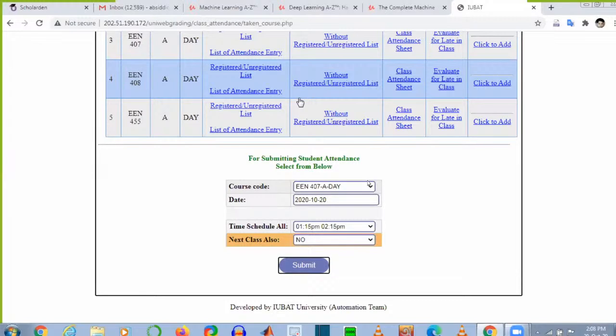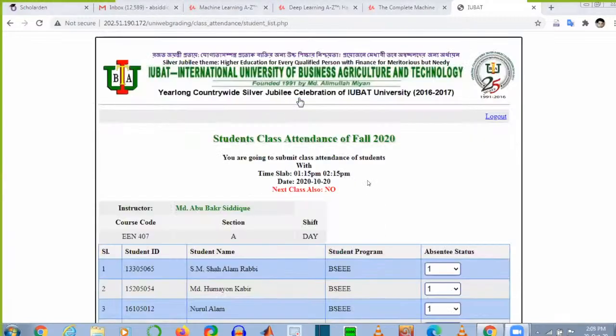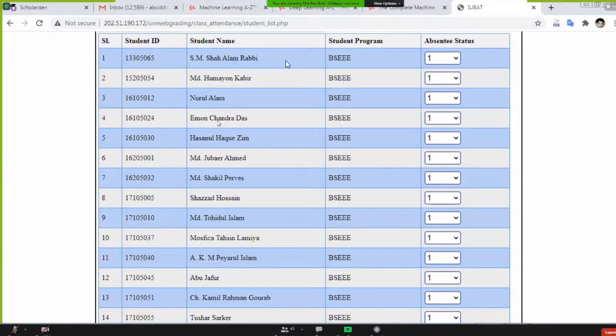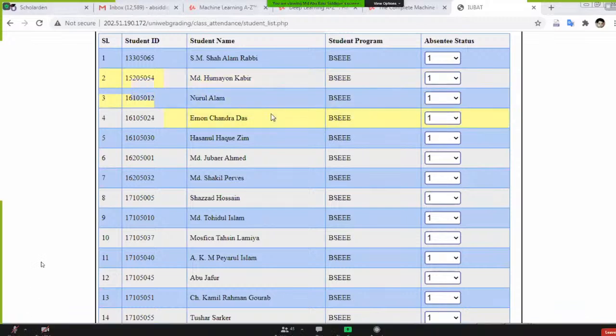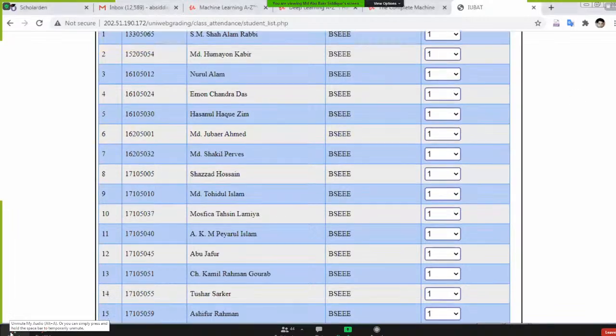Okay, please respond. Shahanam Rabbi, yes, sir. Human Kabir, sir, please. Rol, present, please. Imon, present, please. Hasanul, yes, sir. Zubair, yes, sir. Shakil, yes, sir. Sajjad, present, sir. Shahidul, yes, sir. Tika, yes, sir.